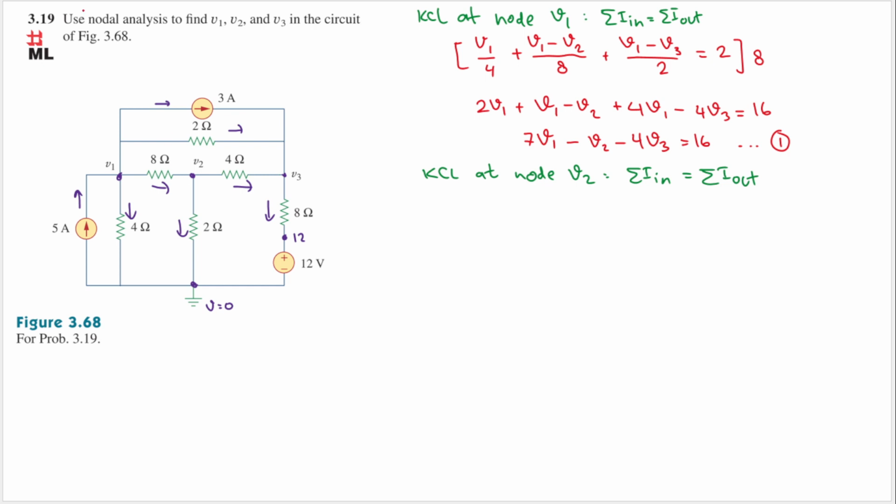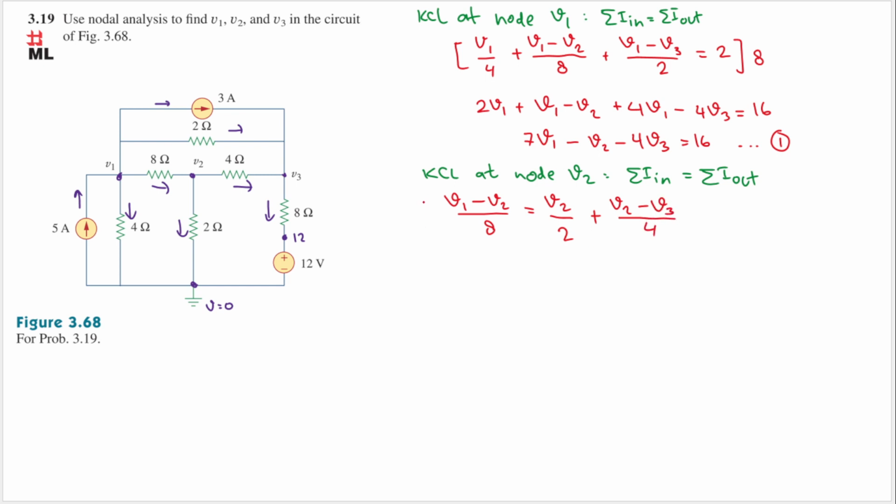So we will have V1 minus V2 divided by 8 on the left hand side. And then this current goes out, so that will be V2 over 2. And then plus, we'll have this one here, which is V2 minus V3 divided by 4.